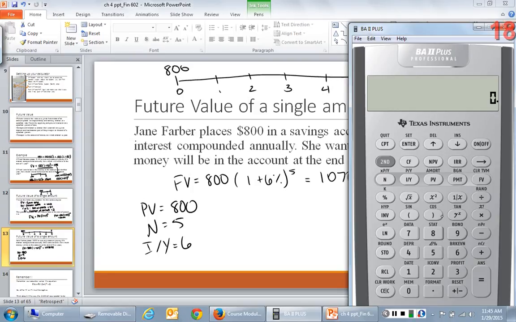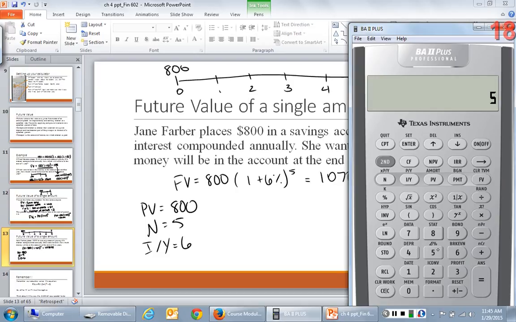So to get the future value, we know the present value is 800. So we type in 800 and then push the present value button. So now our present value is set at 800. There's no need to push enter. By simply pushing the PV button, you are entering in the $800. The number of periods, N, is 5.